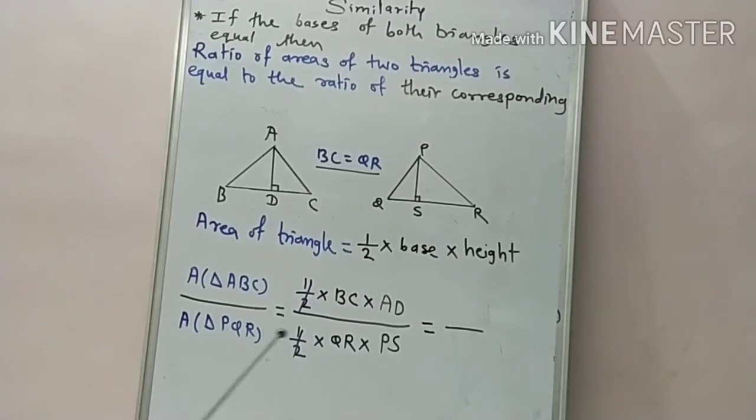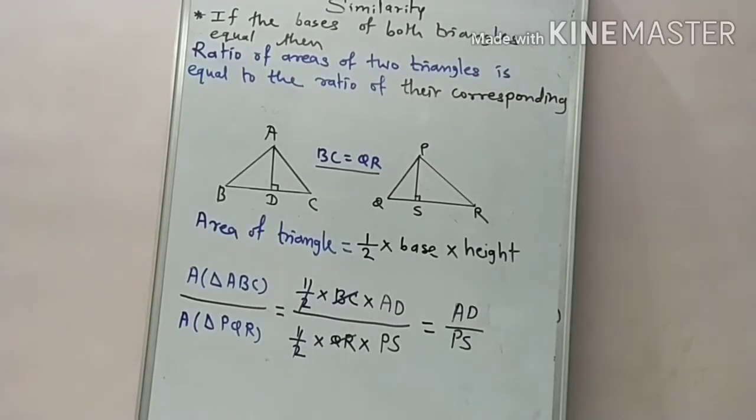But in this case the bases are congruent or equal, so base BC and base QR are the same, so we can eliminate them from both numerator and denominator. So what remains here? AD upon PS, and AD and PS are what?